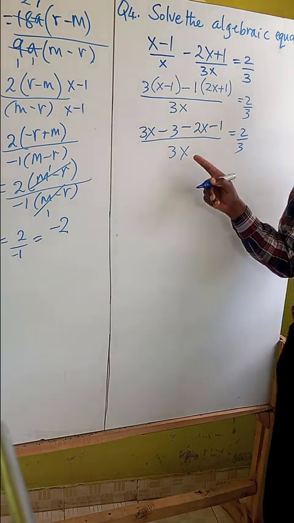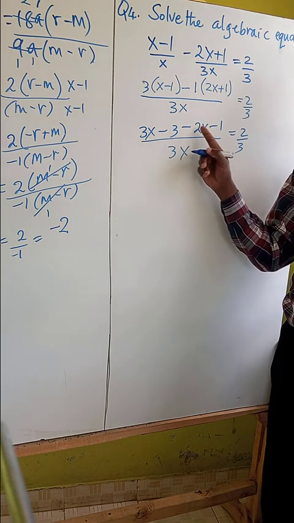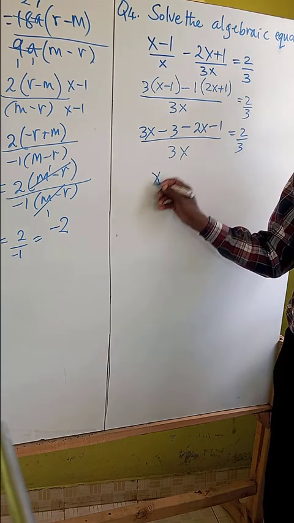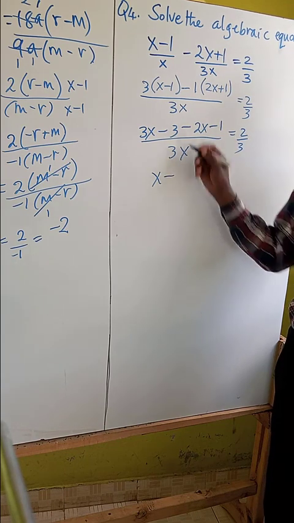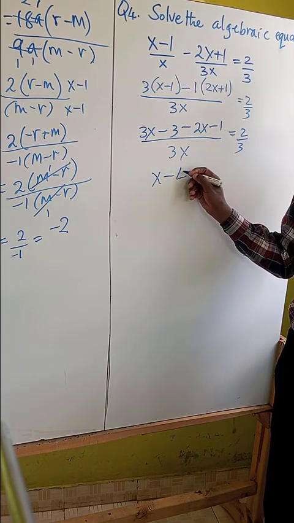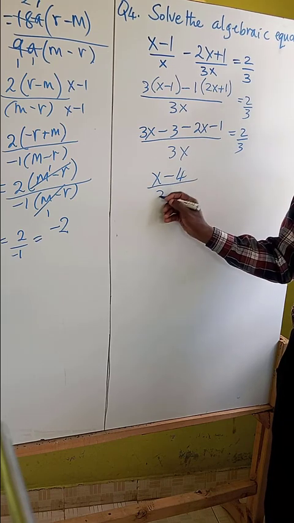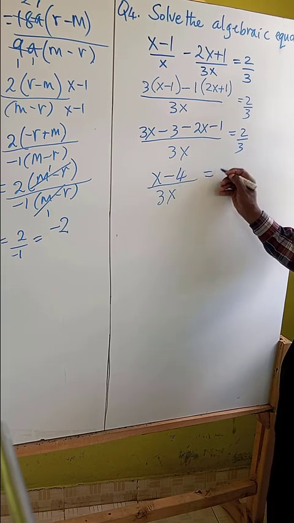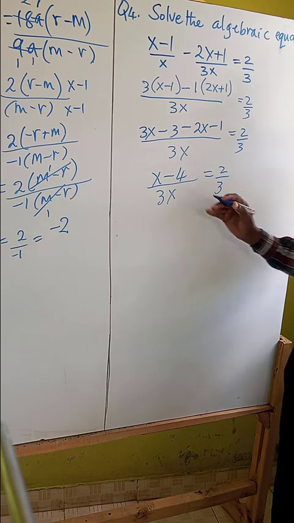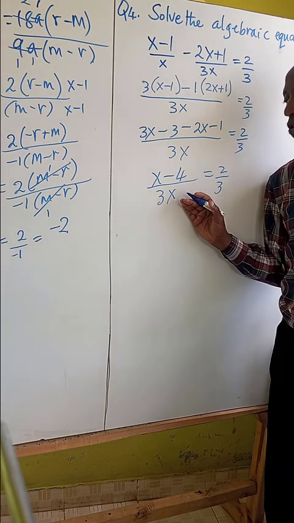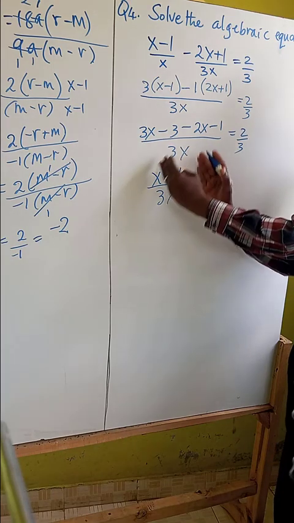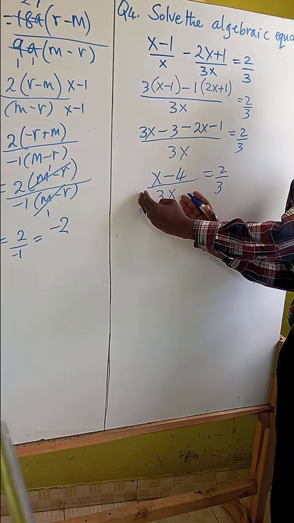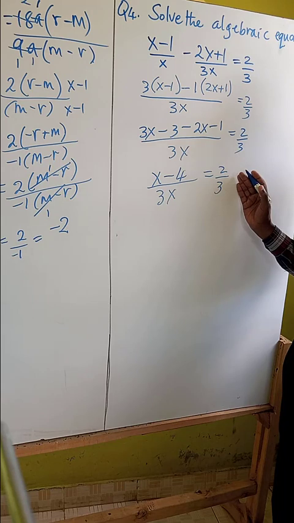We put like terms together, and that gives us 3x minus 2x is an x, negative 3 subtract negative 1, we get an increase in the negative, so we get negative 4 all over 3x being equal to 2 over 3. So here we have a situation of equivalent fractions, whereby this algebraic fraction is equal to this fraction.